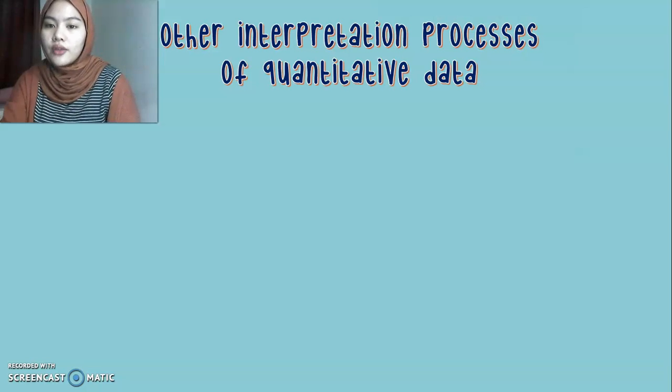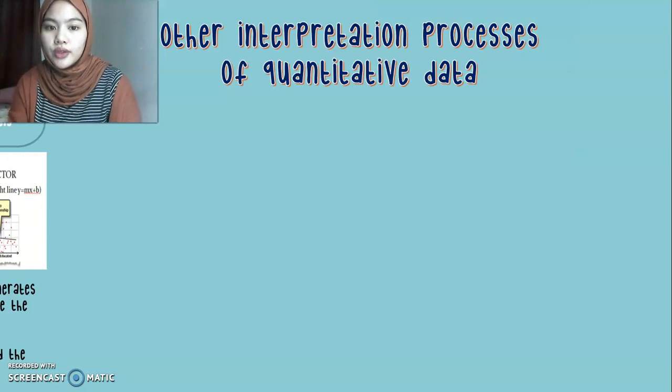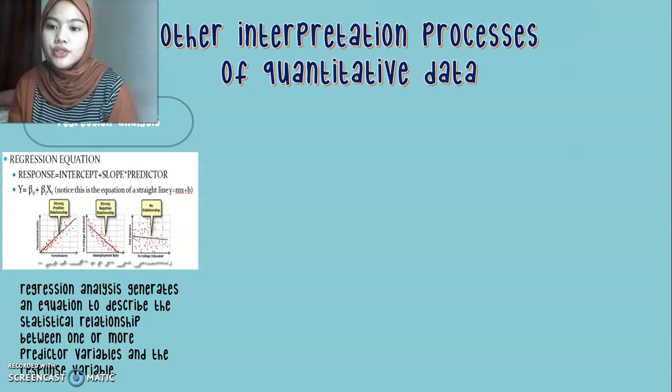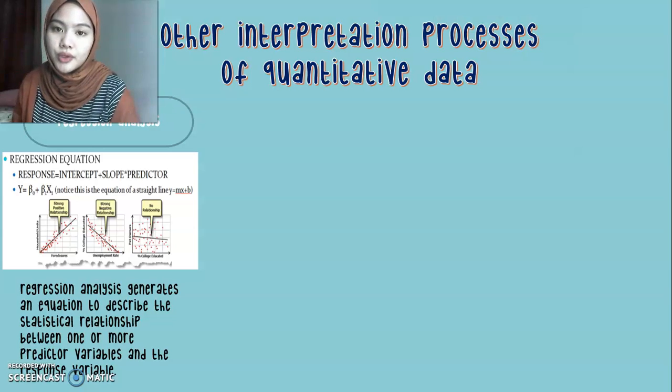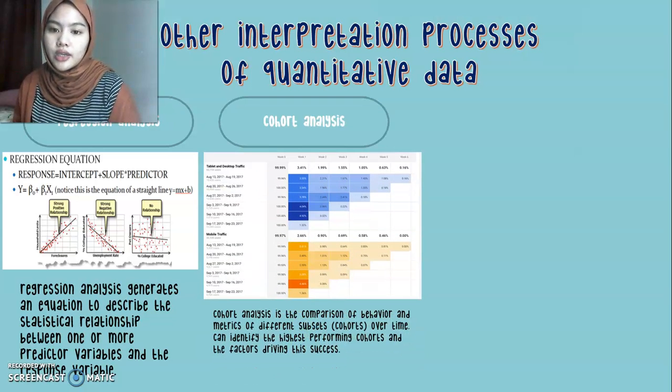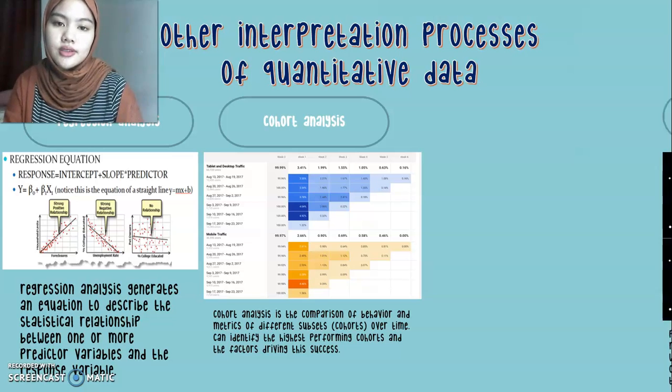Next are other interpretation processes of quantitative data. There is regression analysis. Regression analysis generates an equation to describe the statistical relationship between one or more predictor variables and response variables. Second is cohort analysis, which is the comparison of behavior and metrics of different subsets, or cohorts, over time. It can identify the highest performing cohorts and factors driving the success.